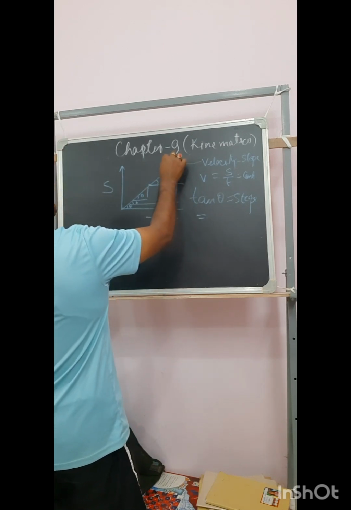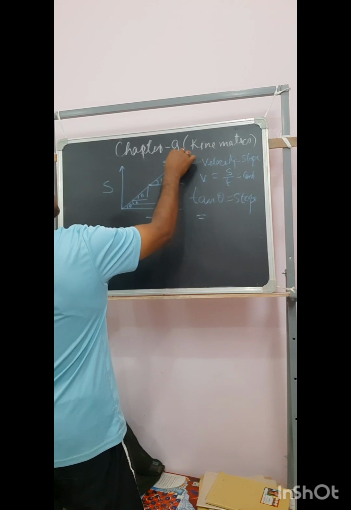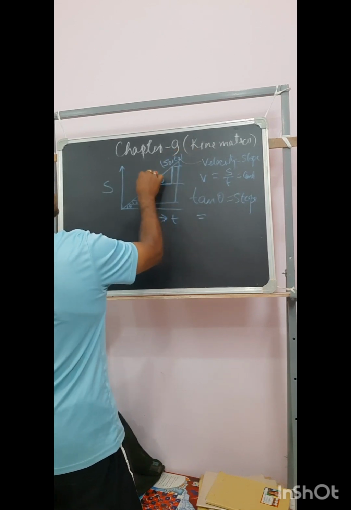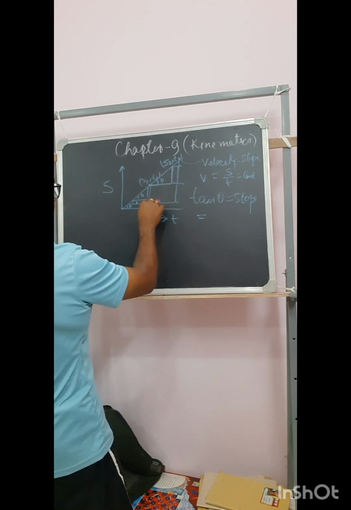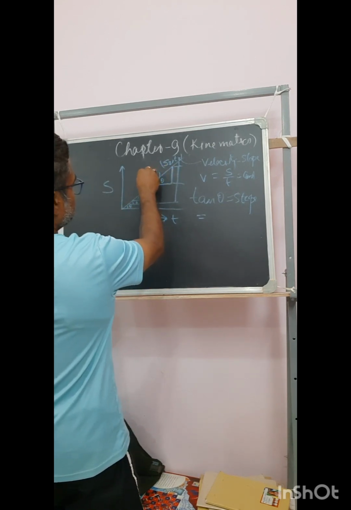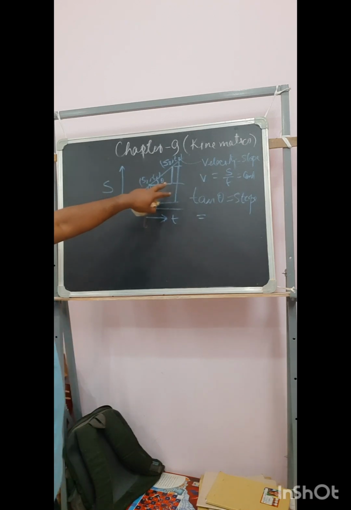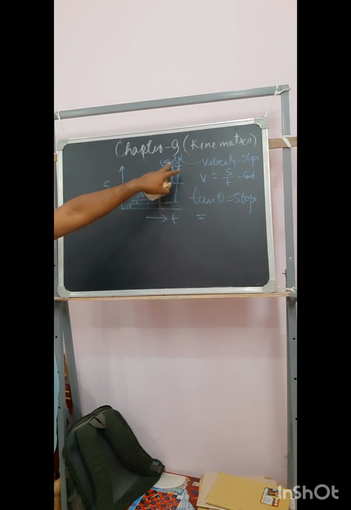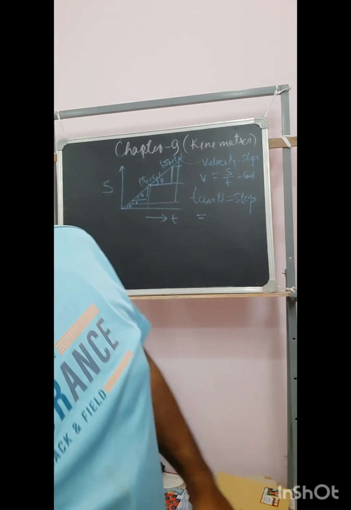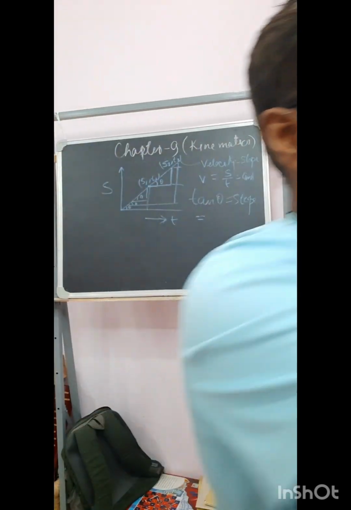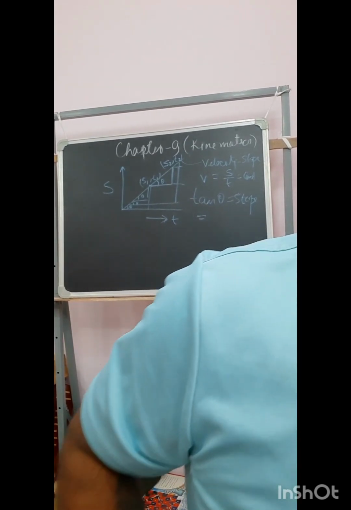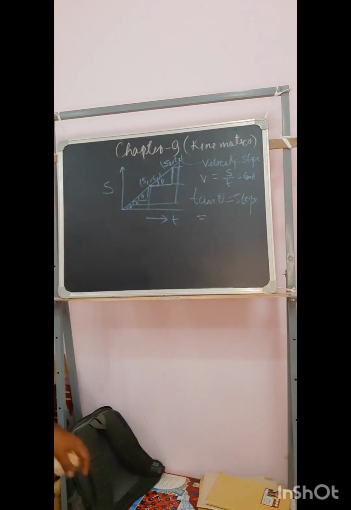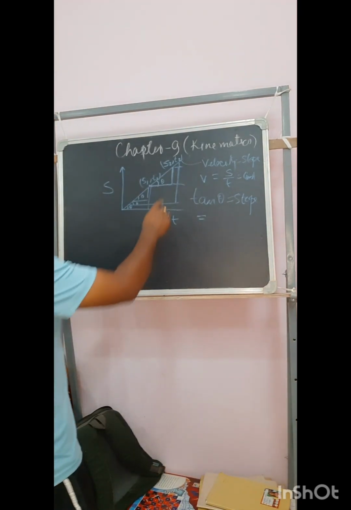Let's say this is denoted by S2 and T2, and this is S1 and T1, that means after time T1 it achieves a displacement S1, and it will achieve a distance S2 at T2.